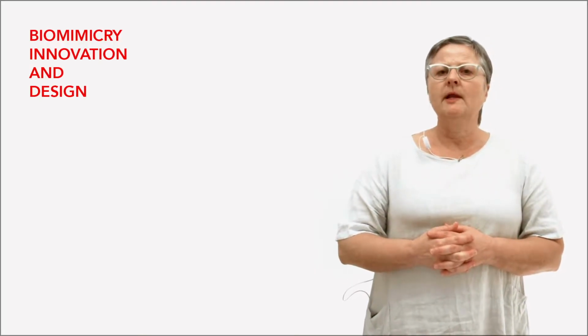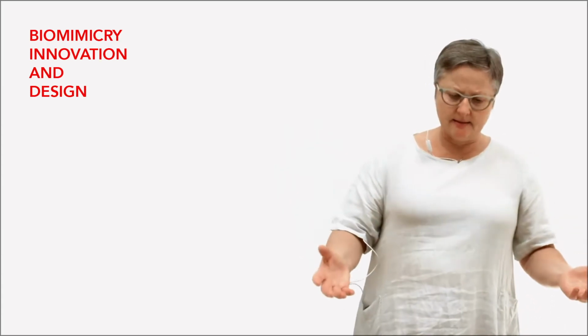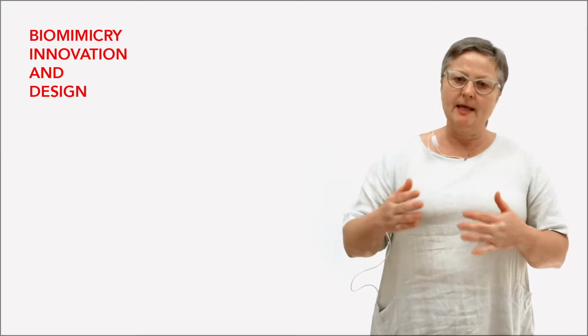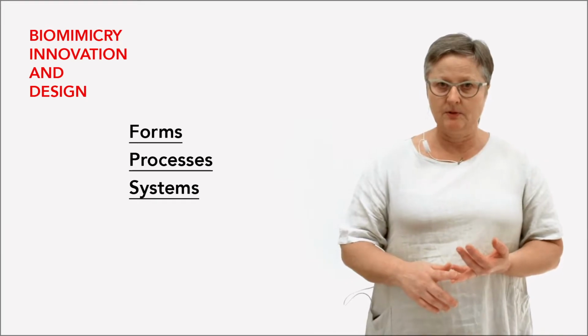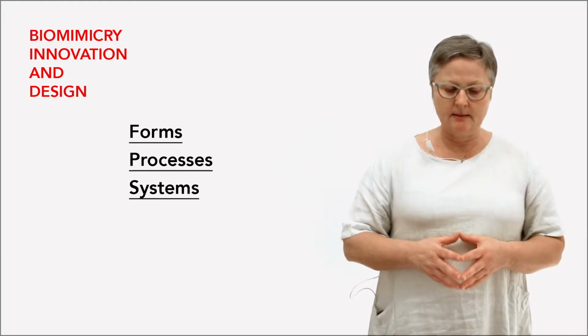So let's think about what kind of innovations or what kind of designs are we talking about when we talk about biomimicry. And we can categorize them into forms, processes, and systems. Nature actually really likes to use form.